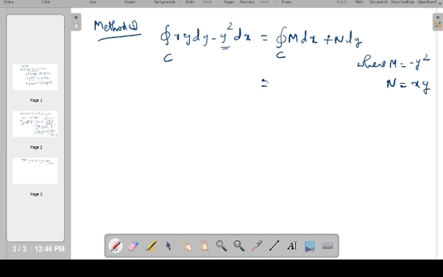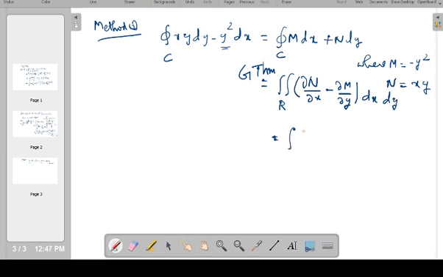So by Green's theorem, M dx plus N dy is precisely the integral of the tangential component of F. So this is actually the circulation, and circulation and curl are related. So the double integral over R of curl. So what is curl? It is dou N by dou x minus dou M by dou y, dx dy.